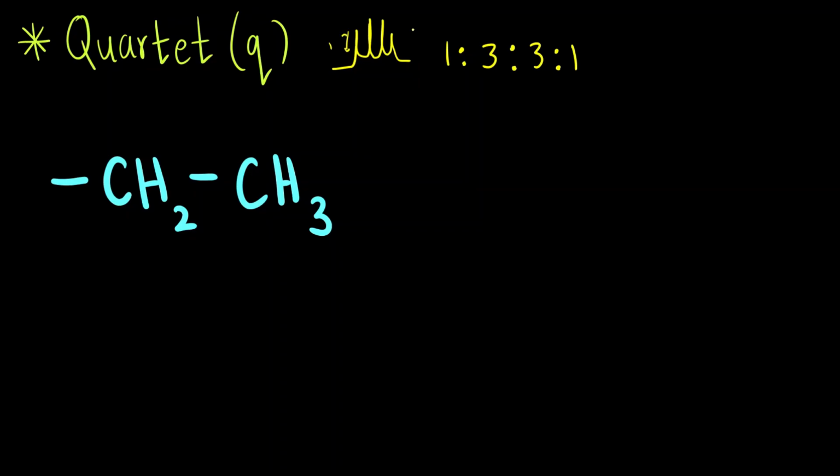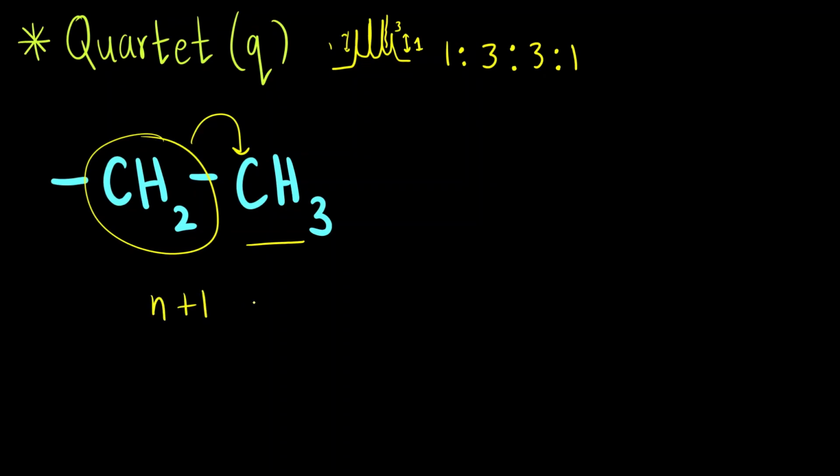Suppose this peak is 1, then this will be 1, and the height of this will comparatively be 3. For this CH2 proton, there are 3 adjacent protons. So using the n+1 rule, 3 plus 1 is equal to 4, so this CH2 proton will be split into a quartet.